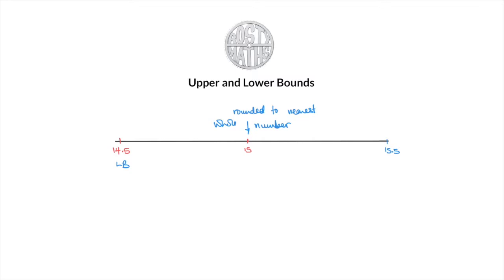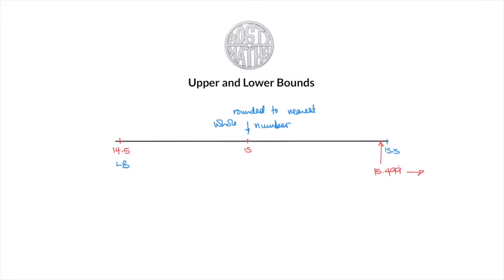So what would it then be in this case? Well, it's going to be 15.499 and it's going to be a load of recurring nines going all the way down there. If that's the case, I'm going to round down to 15.